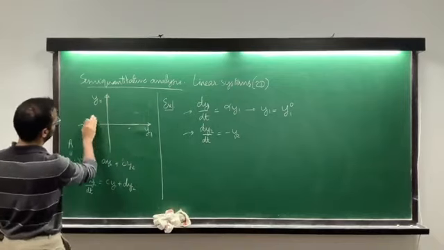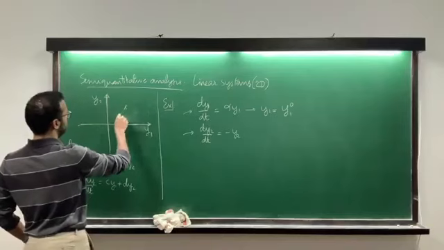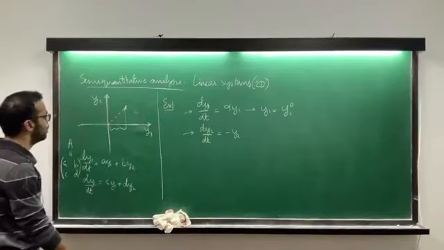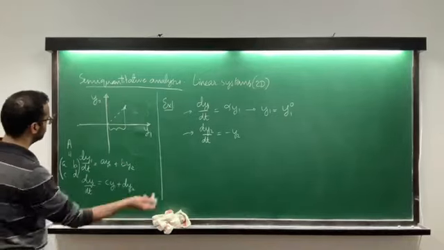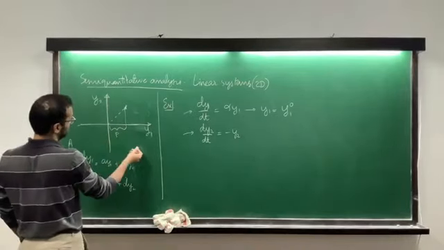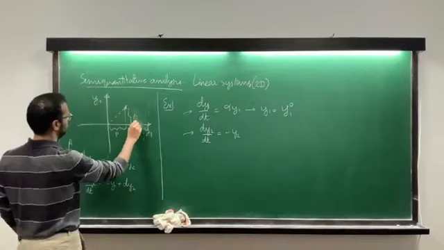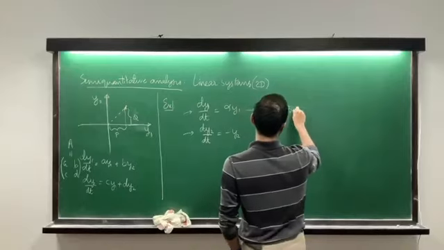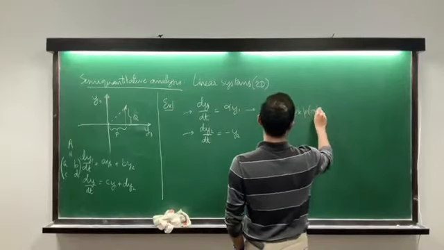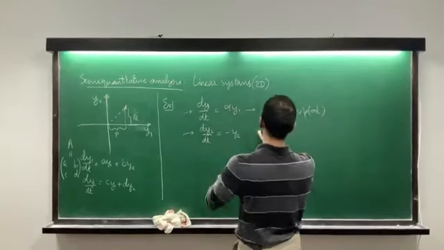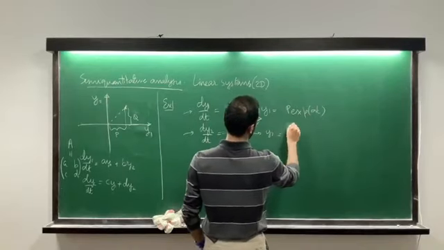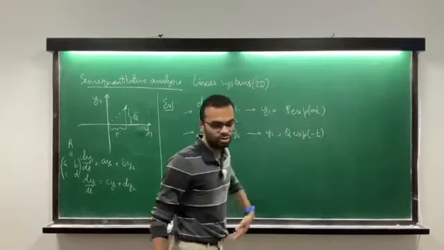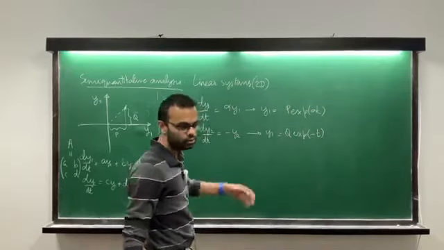Let me take this as my initial point, and let's call it P, Q, whatever, for want of a better letter. So y1 is P exponential to the power alpha t. You can just solve this, and then y2 is Q exponential to the power of minus t. Okay, straightforward, most trivial thing.